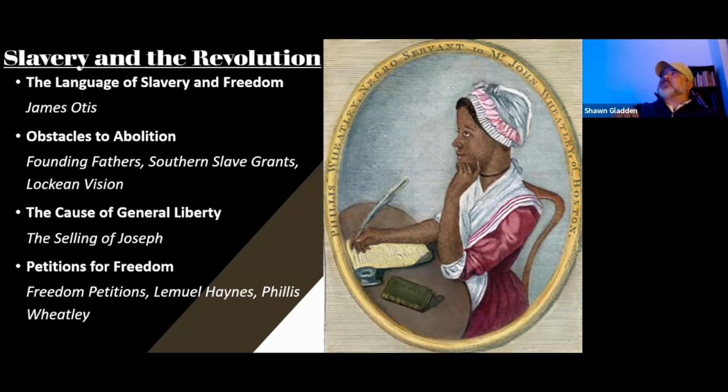There's a graph I don't have. Maybe I'll bring it next week. I think it's on one of my future slides, and it shows the natural decline in slavery after the revolution up until about 1810, more like maybe 1805. That natural decline is certainly in the North, and somewhat in the South.